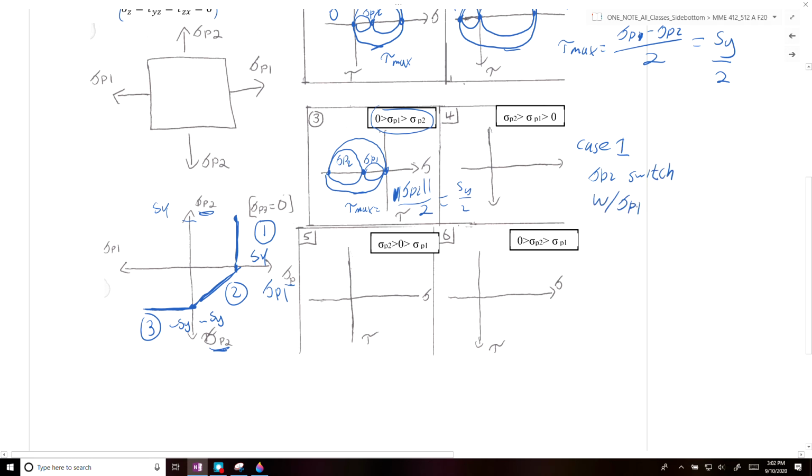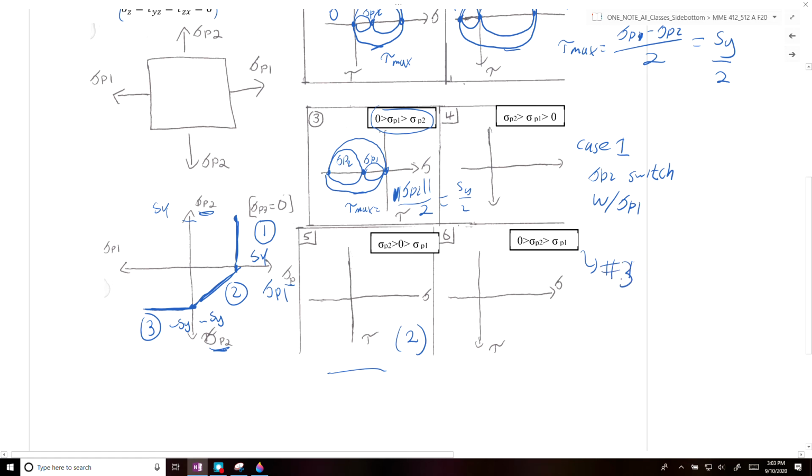Alright, and then we can do the same thing for number 5, which is going to look a lot like case number 2, and number 6 is going to look a lot like case number 3.